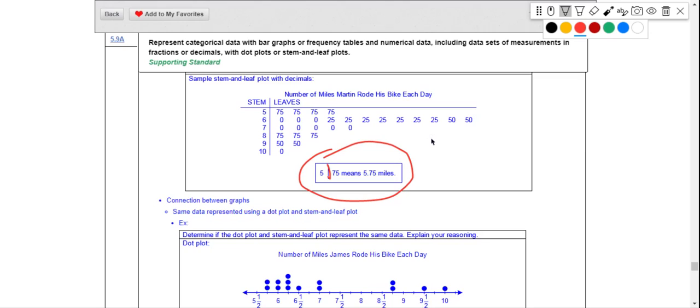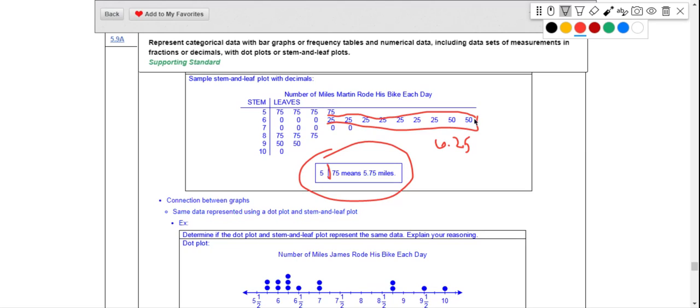All right. Well, I want to know how many times did he ride his bike greater than 6 miles, but less than 7 miles. So greater than 6, not equal to 6. Okay, so I'm only looking at these numbers, which are 6.25, 6.25, 6.25, 6.25, 6.25, 6.25, 6.25, 6.5, and 6.5.